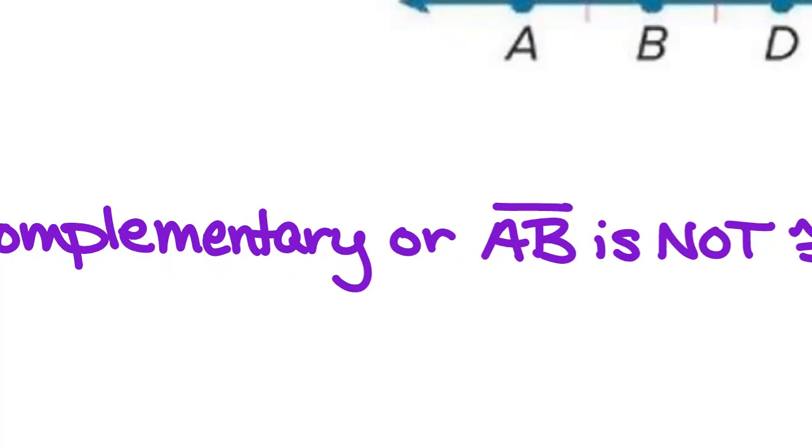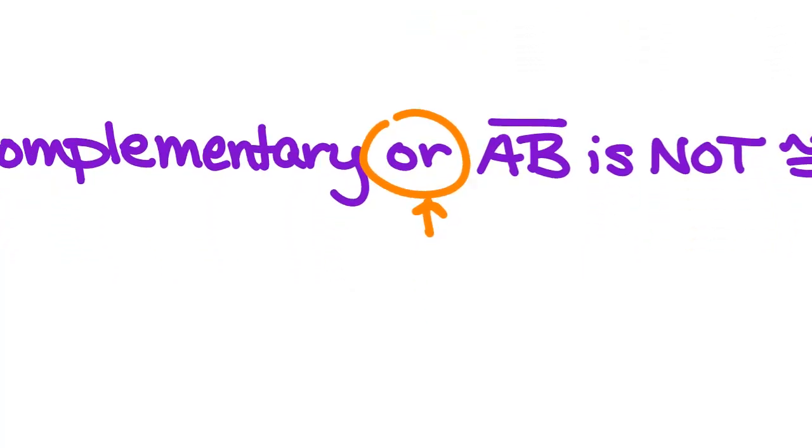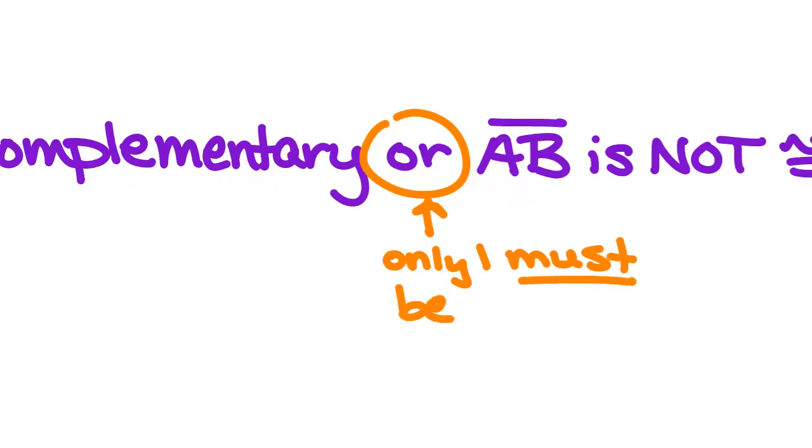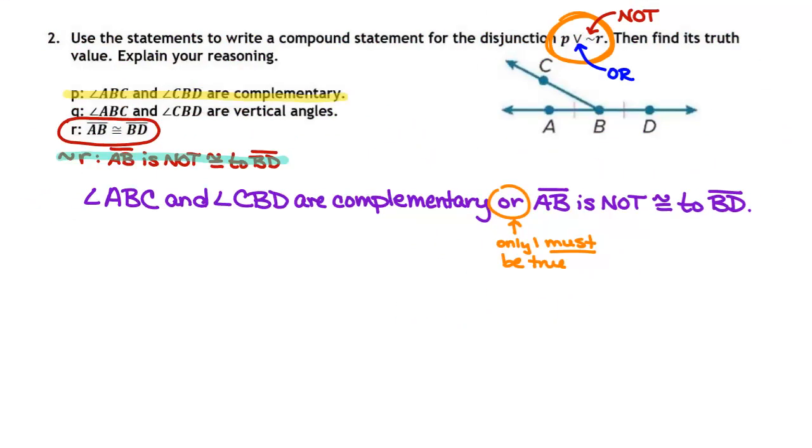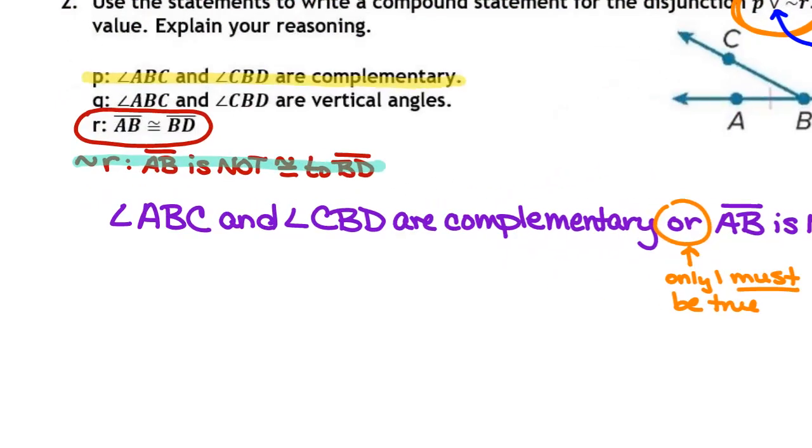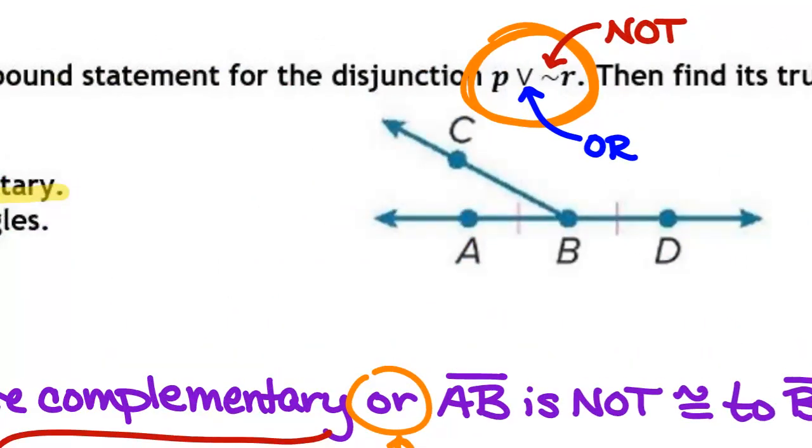How many things have to be true for my or to be true? Only one must be true. Let's see. ABC and CBD are complementary.